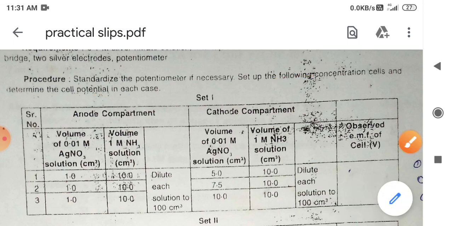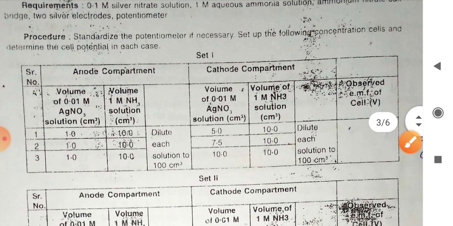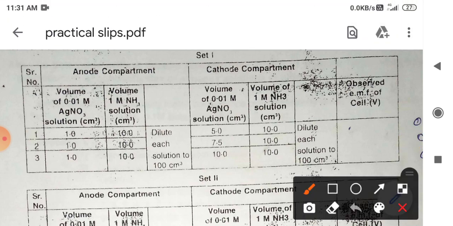Here we have different sets. For set 1 we have the anode compartment and cathode compartment. In the anode compartment the volume of 0.01 molar silver nitrate is 1 ml, and the ammonia volume is 10 ml, and we dilute this solution up to 100 cm cube.